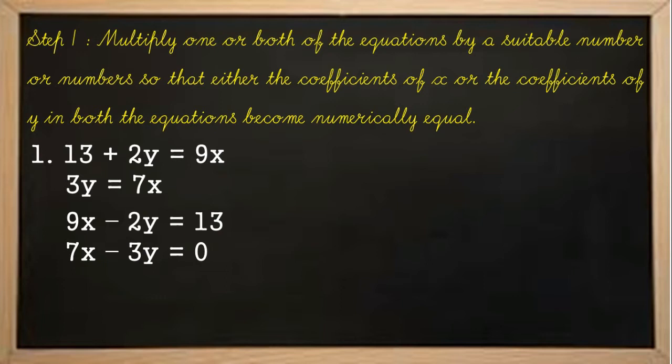Both are possible. That means to say, if the first equation is multiplied by 7 and the second equation is multiplied by 9, automatically 9 7s are 63x minus 9 2s are 18y is equal to the product of 13 and 7, that will be equal to 91.